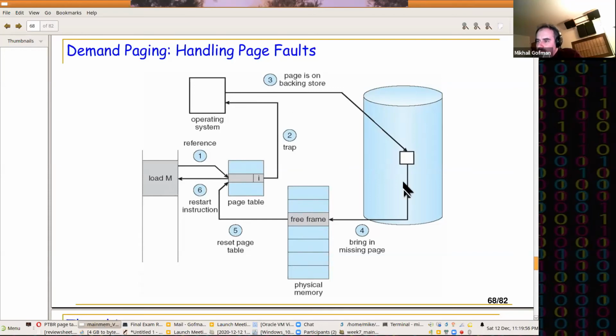That physical frame is going to be filled with the page contents loaded from the disk. The page table is going to be updated to map the page to the newly allocated physical frame. And finally, the instruction is restarted to try the access again. Okay, that's basically the idea.